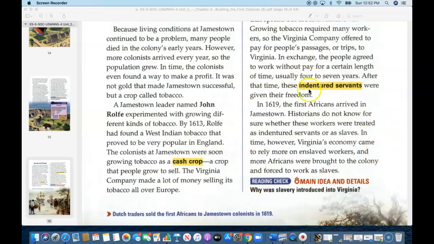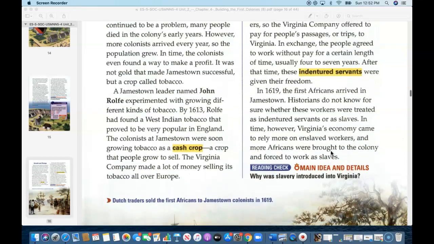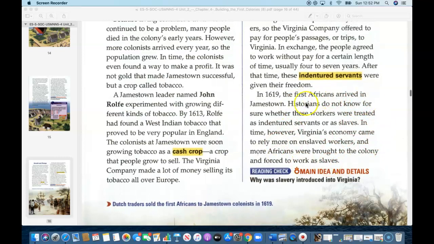In Jamestown, they first relied on indentured servants or poor people from England who came to work off the cost of their trip. And when that didn't lead to enough workers, then the English colonies also at this point began to import African slaves.